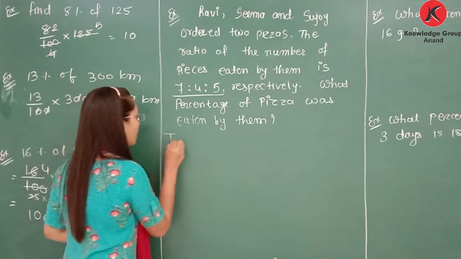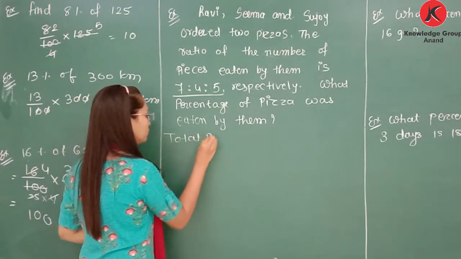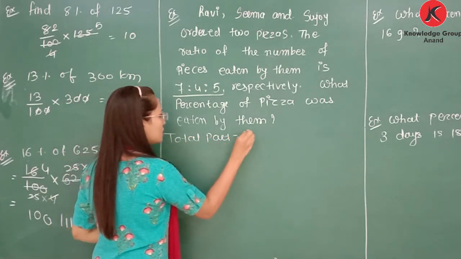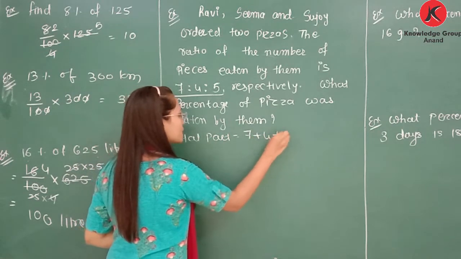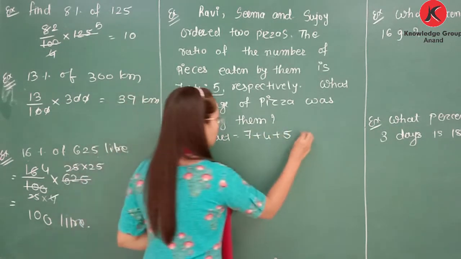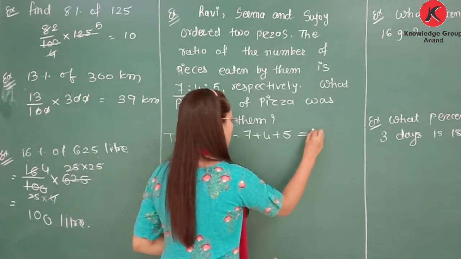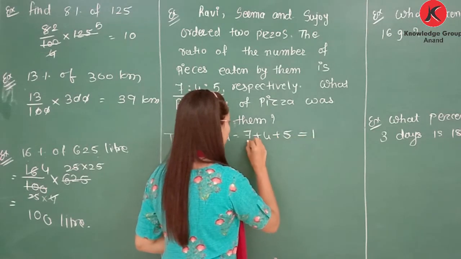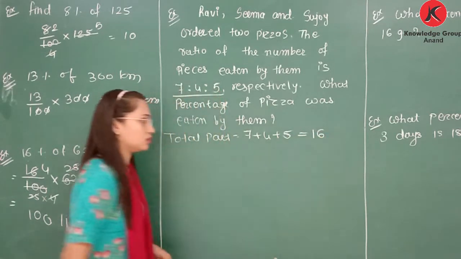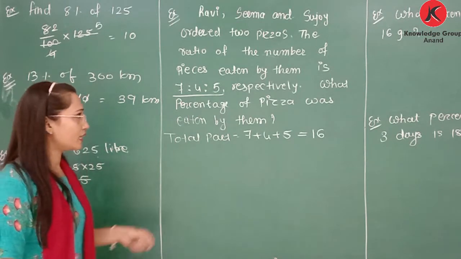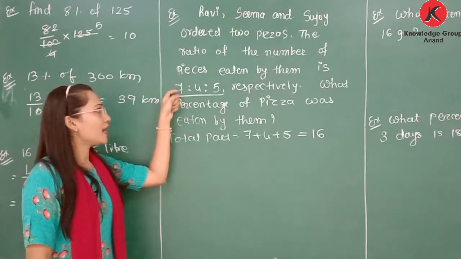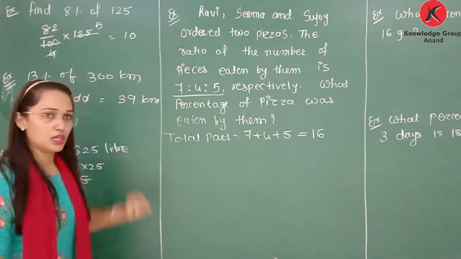So here total parts, that is 7 plus 4 plus 5, 9, 16. Total 16 parts are there, and from that 7 parts eaten by Ravi.